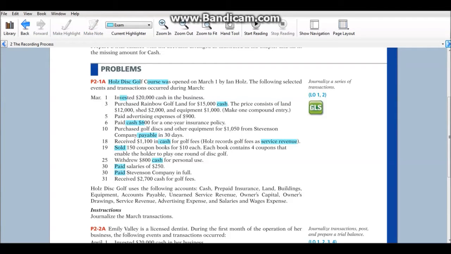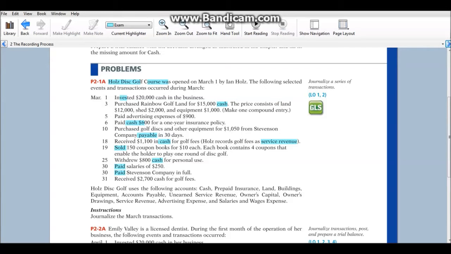You might need to relate that with the purchase here. All right, so on the 10th they purchased on payable, and on the 30th they paid the amount owing to Stevenson for 250.